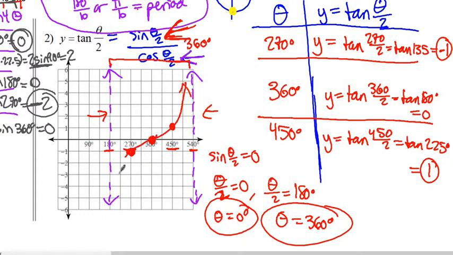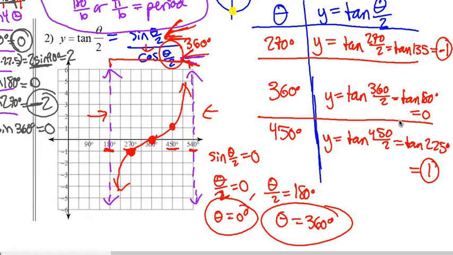That's what all graphs of tangent look like. So again, just to reiterate, the key thing is we found our asymptotes by setting cosine of theta over 2 equal to 0, because if we're dividing by 0, we have to figure out where theta over 2 will cause cosine to be 0. That happened to be at 180 and at 540.